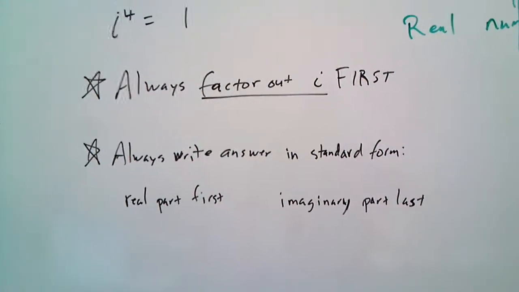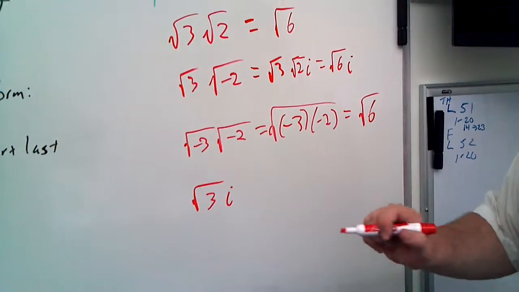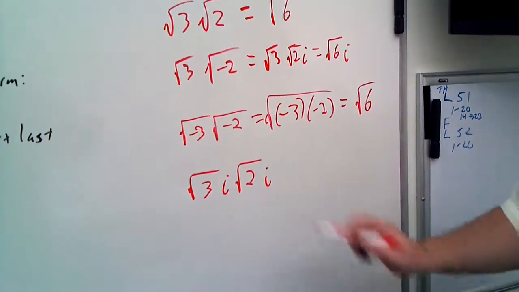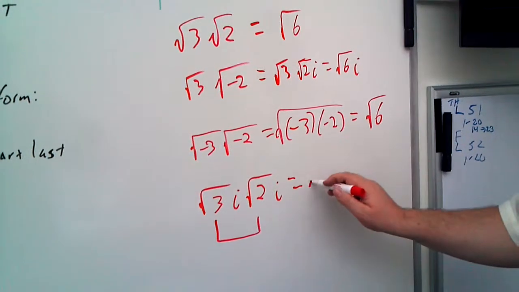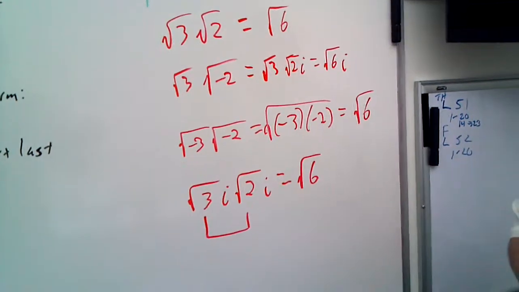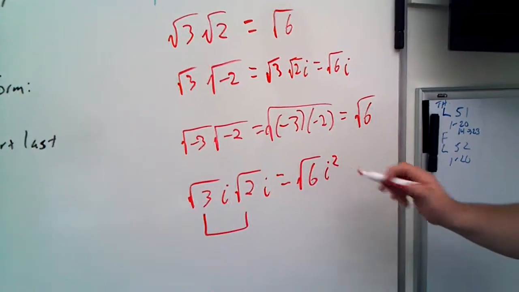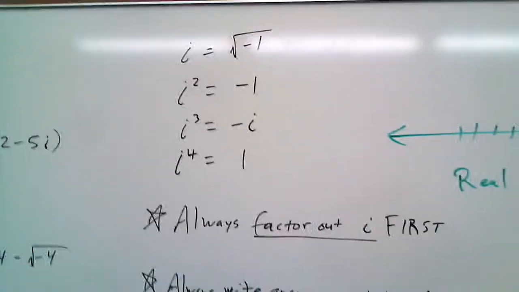What you actually have to do is change the square root of negative 3 to the square root of 3 i, and the square root of negative 2 to the square root of 2 i. Now those come together to make the square root of 6, and now we have i times i, which is i squared. But what's i squared? Negative 1.